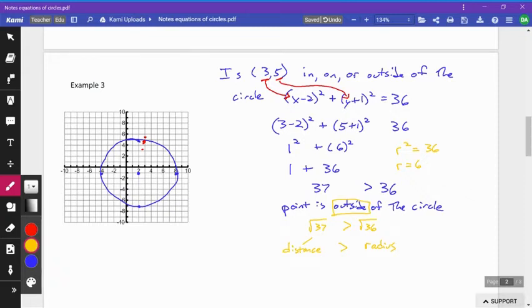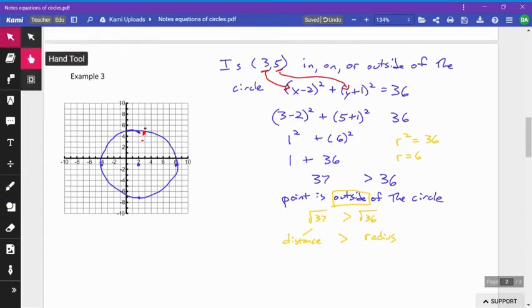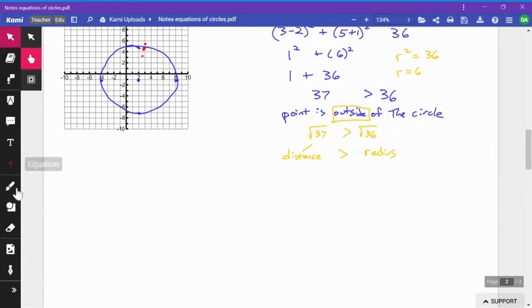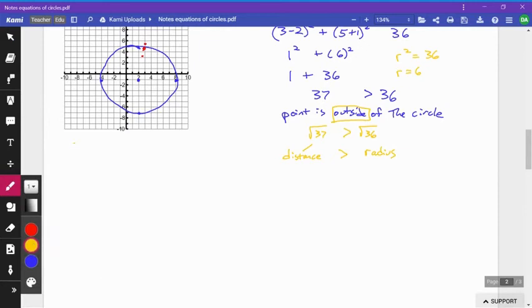So here are some things to think about for this example. All right. I know this. According to this, greater than, we're going to write these 3 things. So if x minus h squared plus y minus k squared is greater than r squared, we just said this was outside.